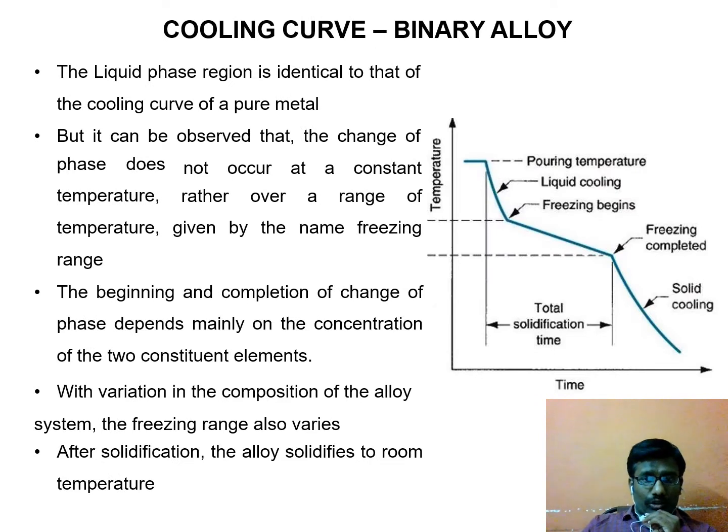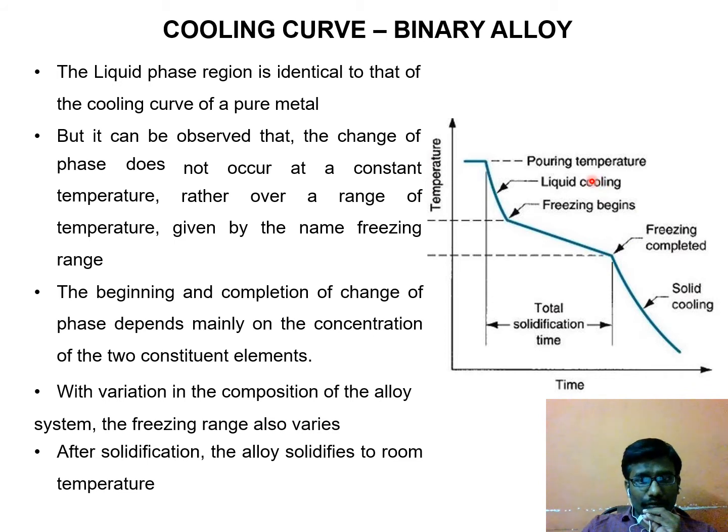Now for a binary alloy, binary means two elements, two metals. You take two metals and heat up to some temperature, and it is converted into a liquid solution. Now slowly you cool, and at one point of temperature it starts solidifying, so the freezing will begin. Then as the temperature slowly decreases, at one point the entire freezing completes.